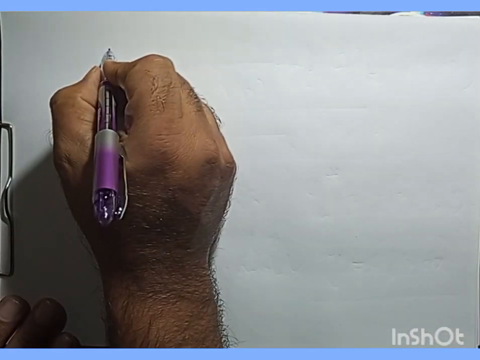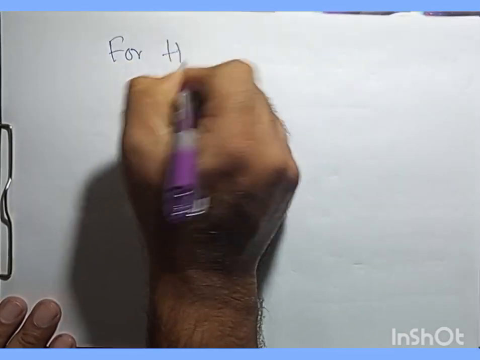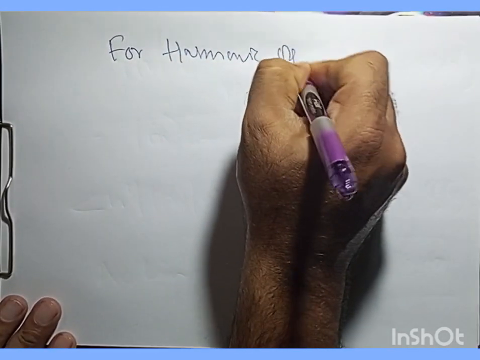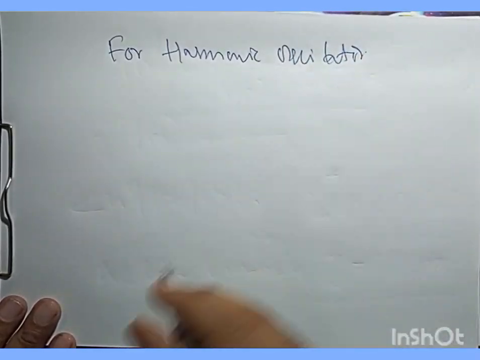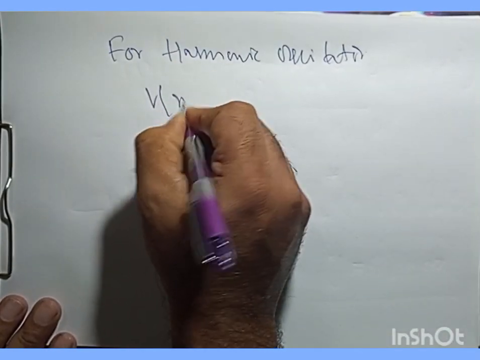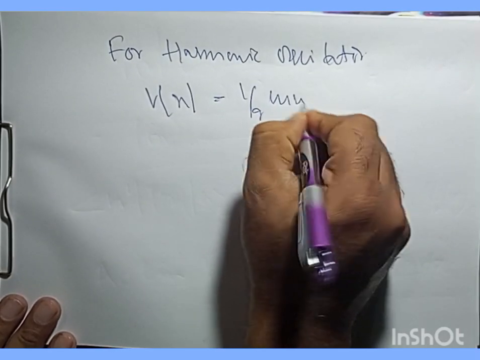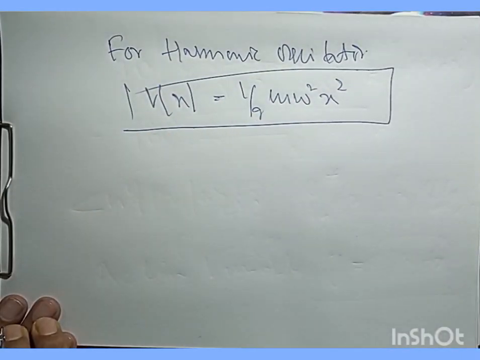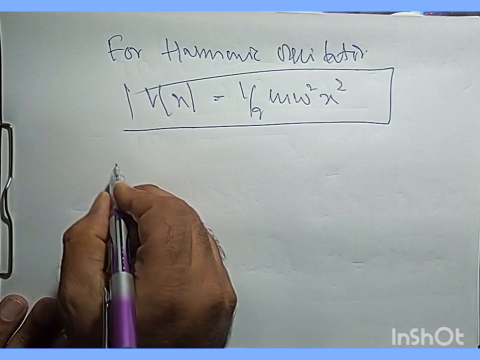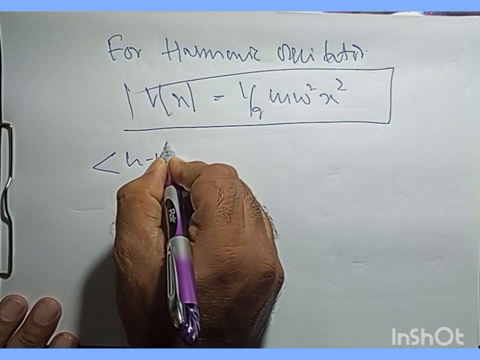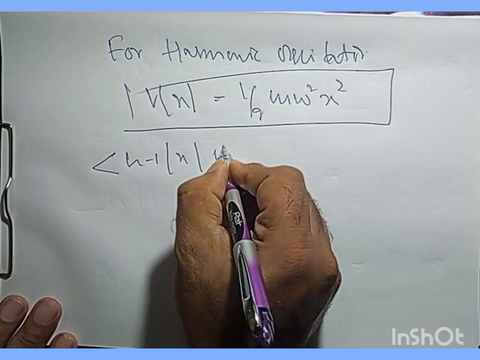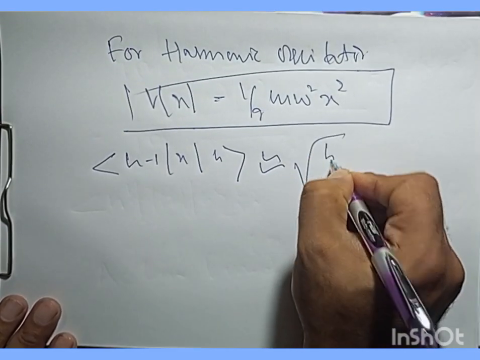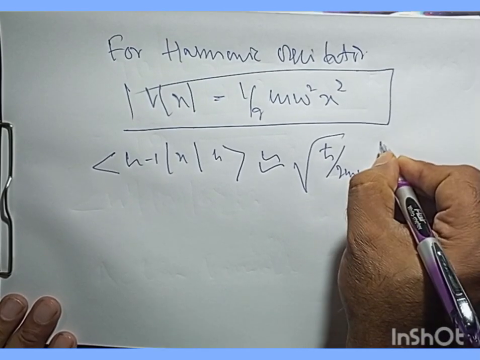For the harmonic oscillator, we have the potential V of x is 1/2 m omega square x square, and we can approximate this using the quasi-classical matrix element as, in the state n minus 1 x n, this will nearly be under root of h bar by 2m omega under root of n.